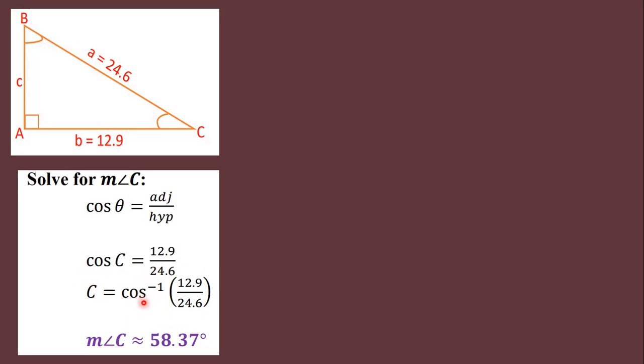Therefore, you're ready to solve for this. In your calculator, you can locate cosine -1 by pressing shift cosine and entering the quantity 12.9 over 24.6. Then you will get an approximate number, or the measurement of angle C is approximately 58.37 degrees.